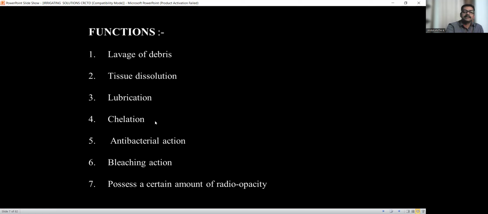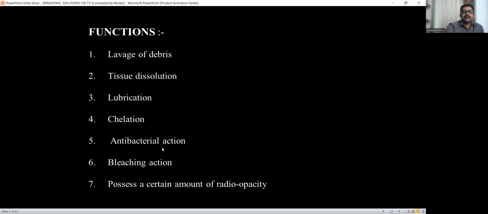Certain root canal irrigants like EDTA provide a chelating effect, and this helps you to negotiate the calcified canals, and helps you achieve thorough shaping of these canals.